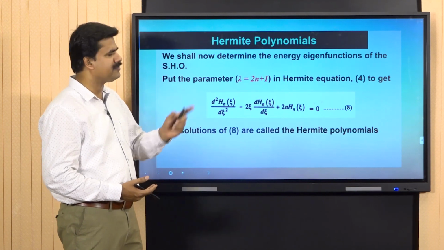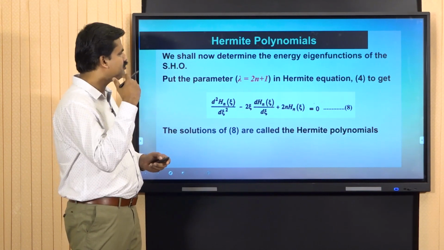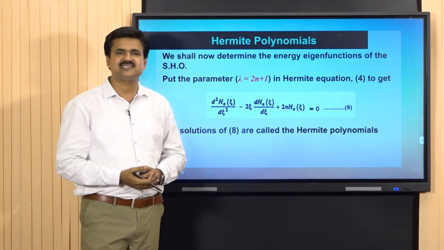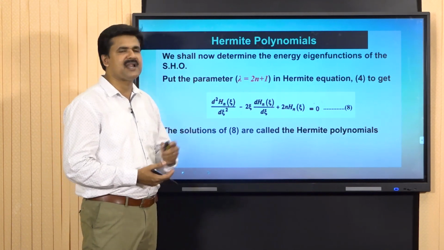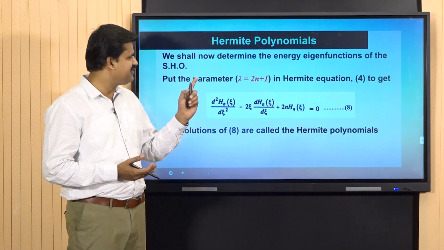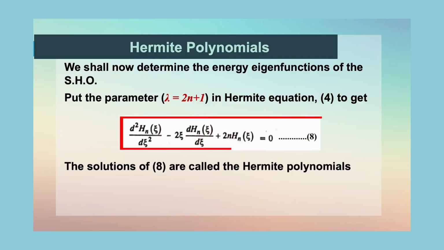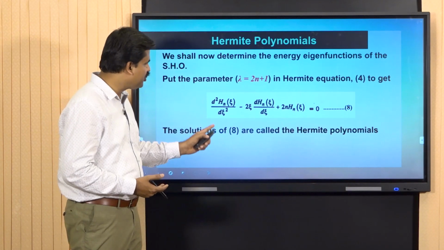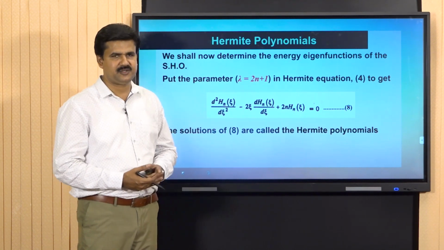On substituting lambda equal to 2n plus 1, we get the relation d²Hn(ψ)/dψ² minus 2ψ dHn(ψ)/dψ plus 2n Hn(ψ) equal to 0.